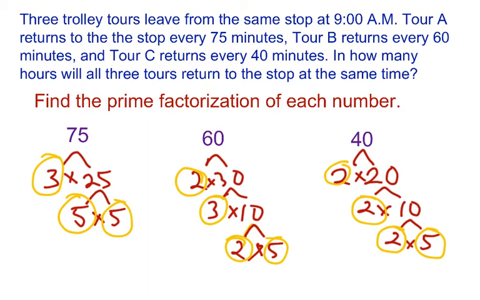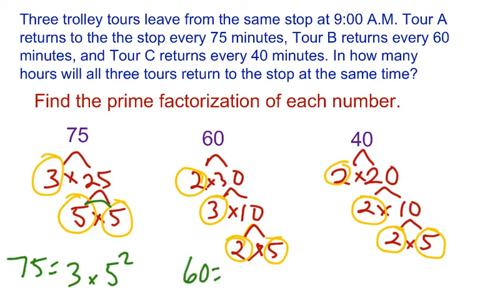So now we have the prime factorization, and I will write that down at the bottom. The prime factorization of 75 is 3 times 5 squared, because I have 5 times 5, which is 5 squared. And you really should write them in exponent form for this purpose.